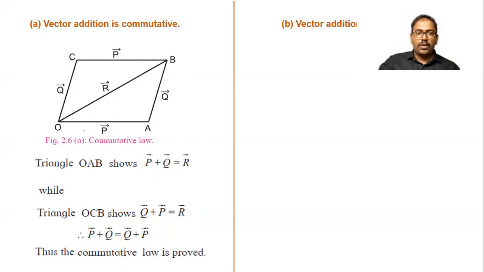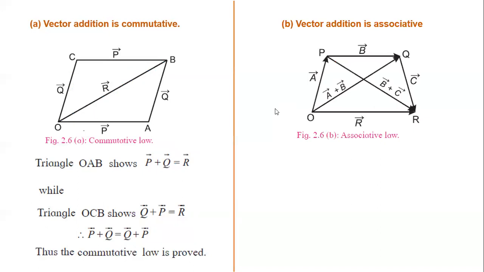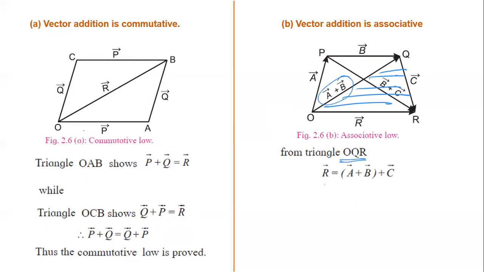Now after that, vector addition is associative. Now what is associative? For that I drew a different diagram here. You can see this diagram. Now from triangle law, see this triangle OQR. In that triangle, by triangle law we can write R bar is equal to this AB bar plus C bar.